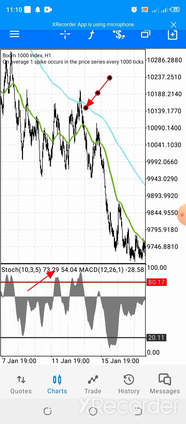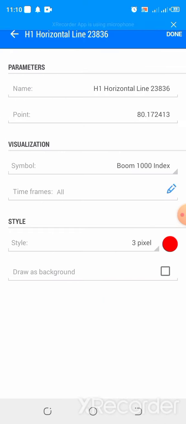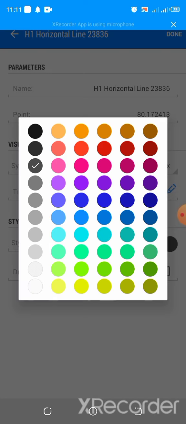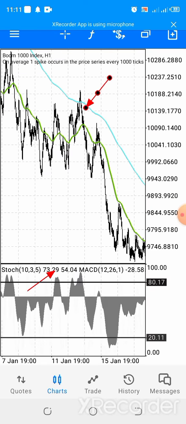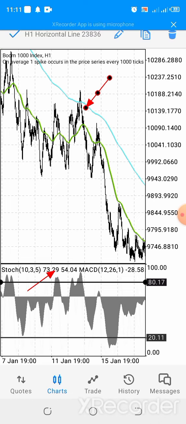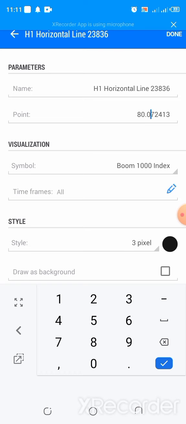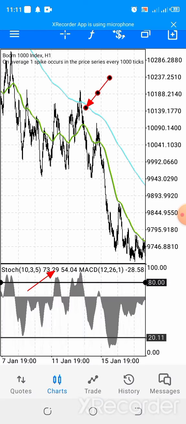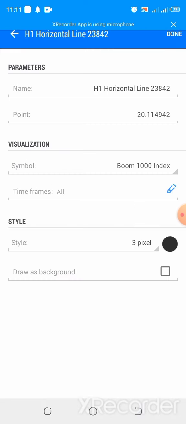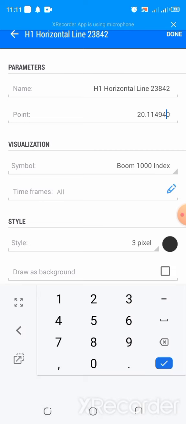Yeah, so you can see that price is at those levels there. I said to use black. Okay, ignore the 0.17 and the rest. Let me make it a round figure 80, because it's actually 80 we are dealing with. Yeah, so that's the oversold and overbought zone.